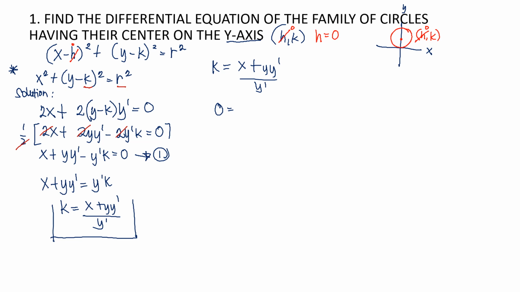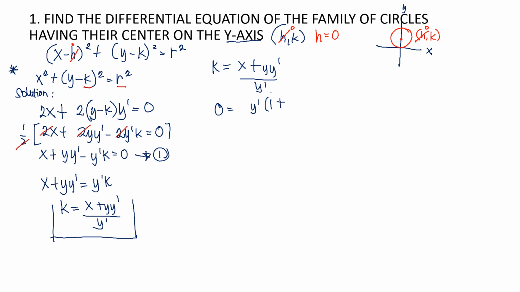So, we will use low D high, high D low, no? Na tinatawag. So, we will have our low, which is y prime, multiplied by the derivative of our high. Low D high, or derivative of high, minus high multiplied by the derivative of the low. So, low is y prime, and the derivative of x plus y prime: this is x, this is 1.